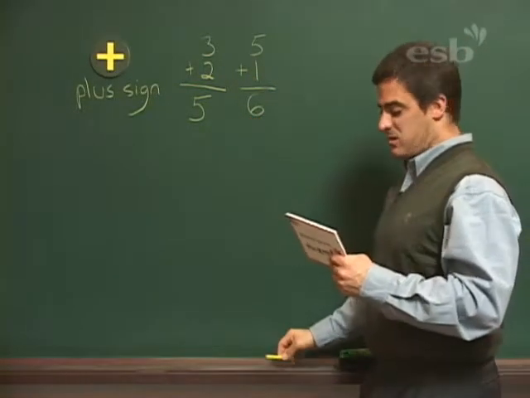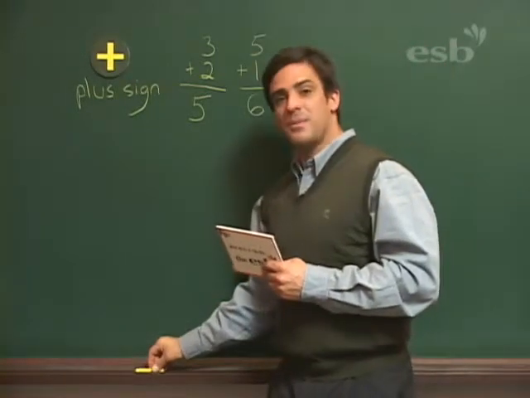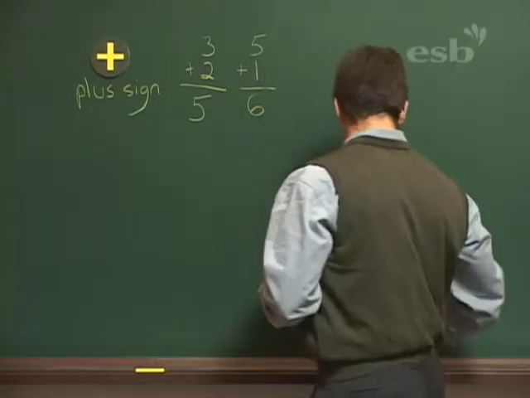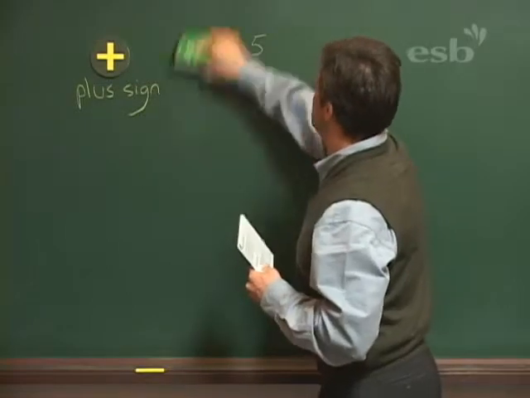You can add two numbers up and down. Now, let's erase that.